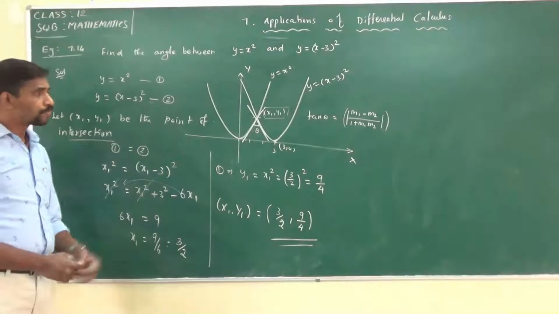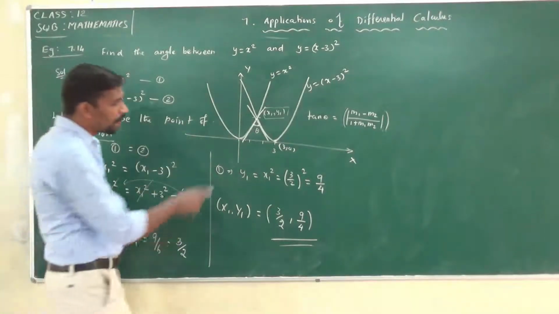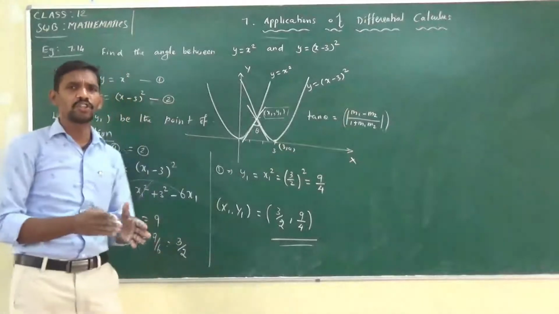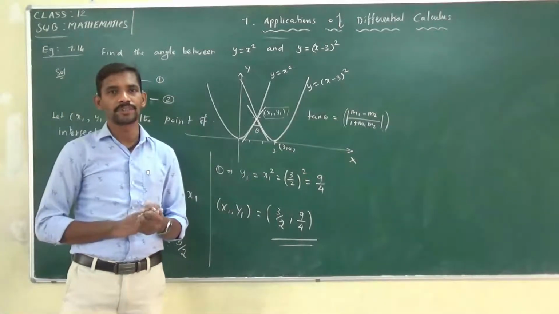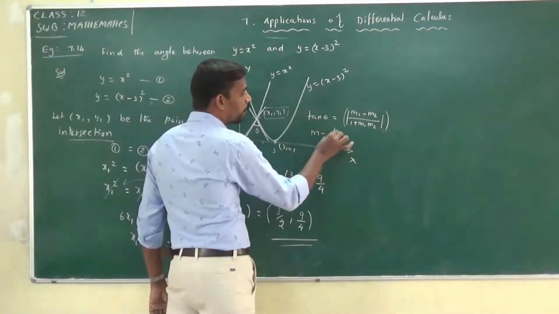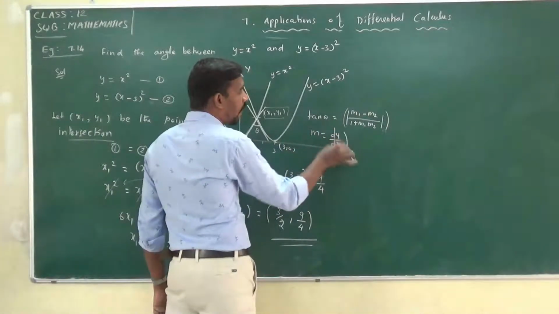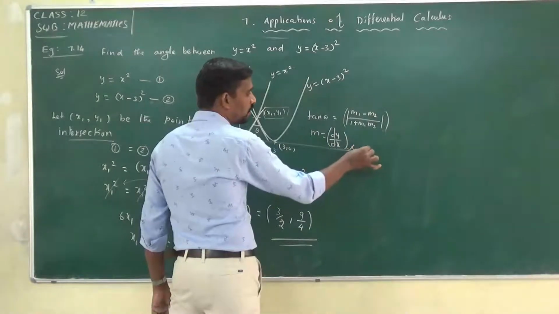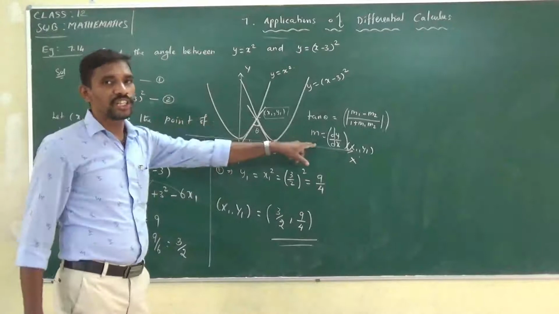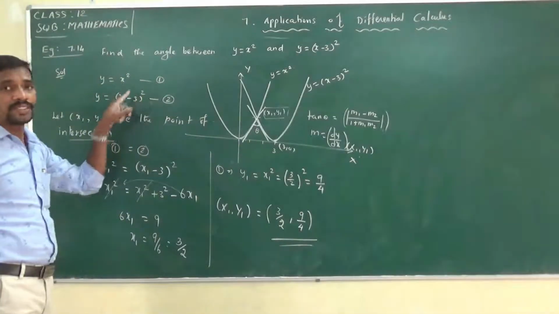Next we want to find out the slope of the first line as well as the slope of the second line. How to find slope using differential concepts? The slope m is dy divided by dx at the point (x1, y1). So now we want to find the differentiation of the first curve as well as the second curve.